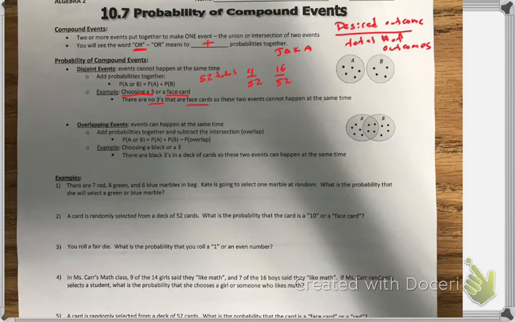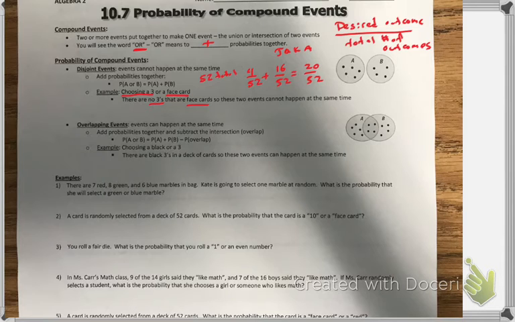So the probability of getting a 3 is 4 out of 52. The probability of getting a face card is 16 out of 52. And so the probability of getting a 3 or a face card would be 4 out of 52 plus 16 out of 52 for a total of 20 out of 52. And then obviously we need to reduce that fraction.